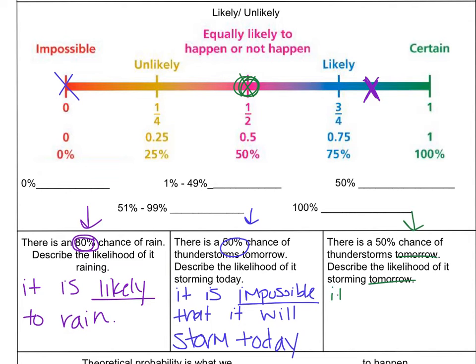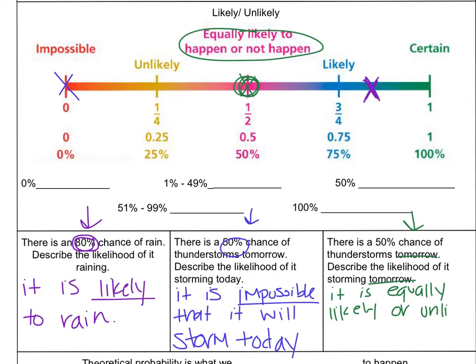So this tells me what to label it: equally likely or unlikely that it will rain tomorrow. Okay, so it could happen, but it also has the same chance of it not happening. That's why we put likely or unlikely.